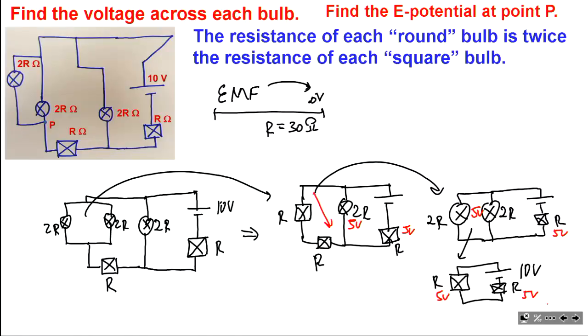And now it was 5 volts for both, but now R and R are connected in series, so it splits 2.5 volts here, 2.5 volts here. And now we go to the original 5 volts, 5 volts, 2.5 volts, 2.5 volts, 2.5 volts. That's it.